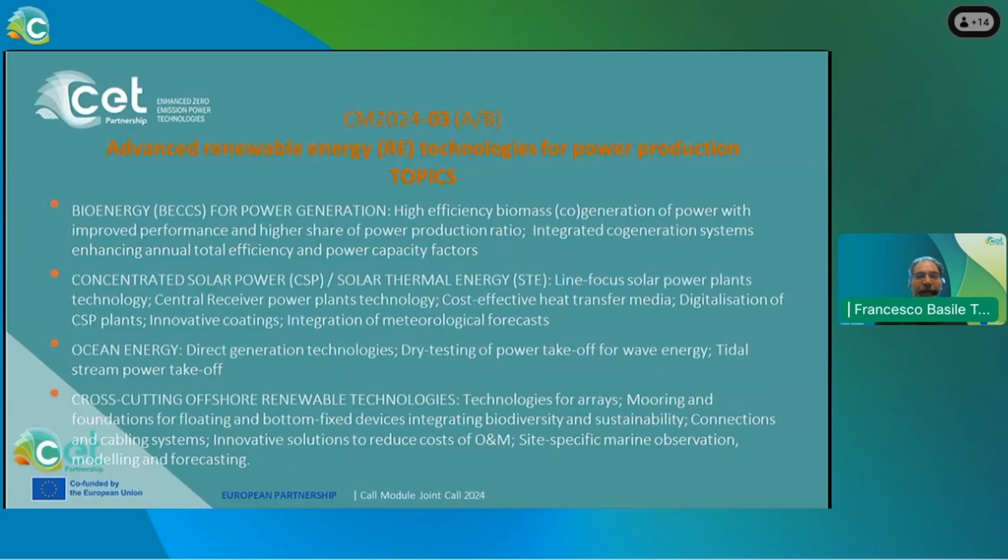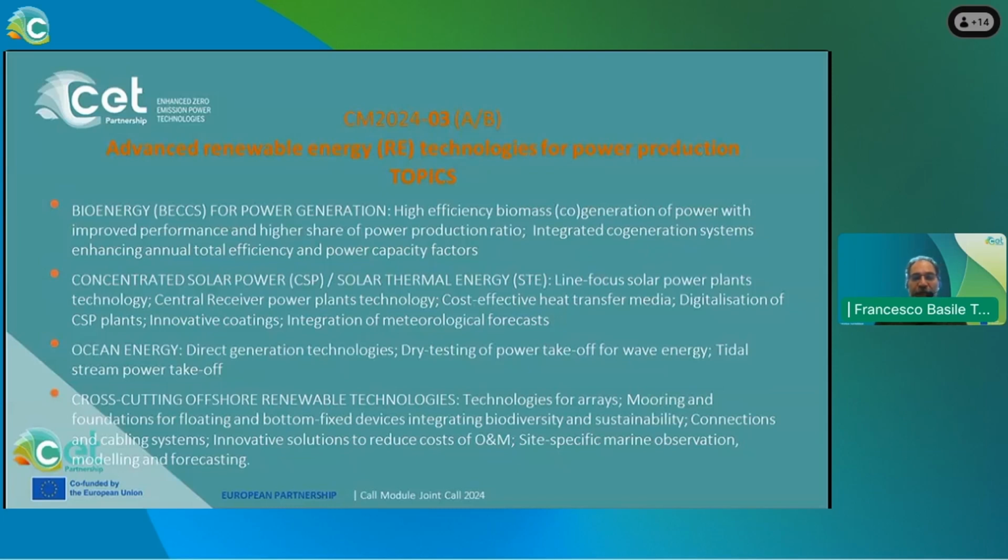The second one is concentrated solar power and solar thermal energy. Here we are looking at projects that develop even the components, so line-focused solar power plant technology, central receiver, but also systems like cost-effective heat transfer media, digitalization of CSP plants, innovative coating, integration of meteorological forecast, so looking at the overall efficiency and LCOE of concentrated solar power and solar thermal.